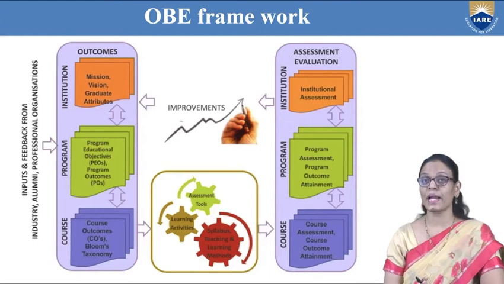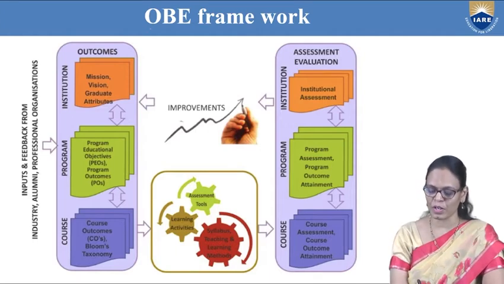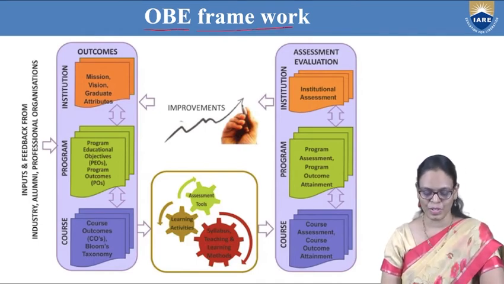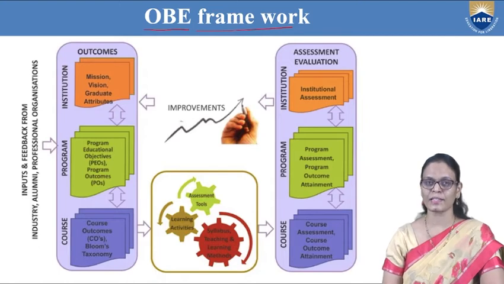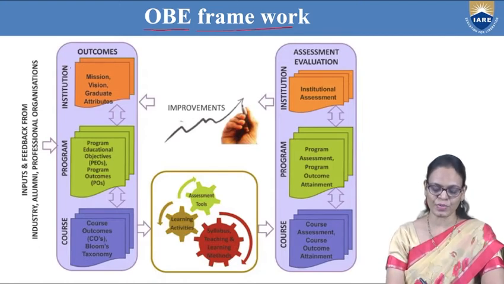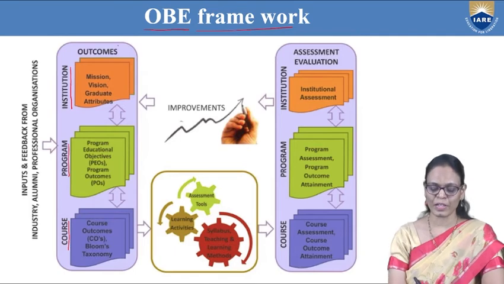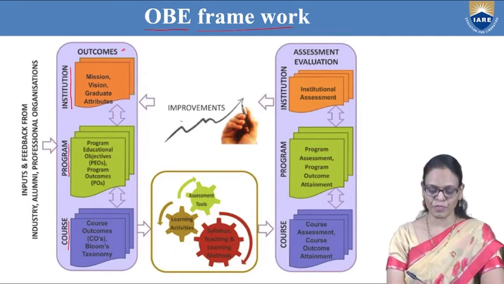Now, if you see the entire OBE framework, the outcome-based education framework, this is the block diagram for that. The first block has, at the institution level, at the program level and at the course level, what the outcomes will be. For this, the initial input or feedback comes from the stakeholders.